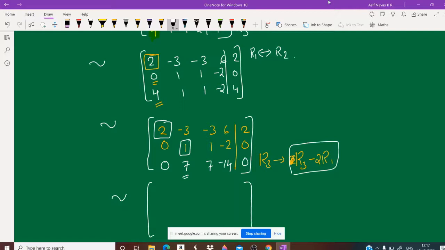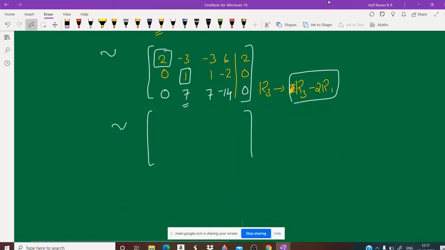So we will do the next step. 2, minus 3, minus 3, 6, 2; 0, 1, 1, minus 2, 0.